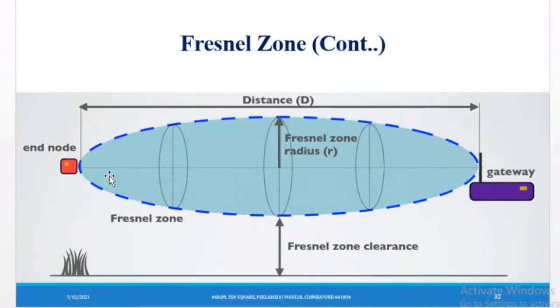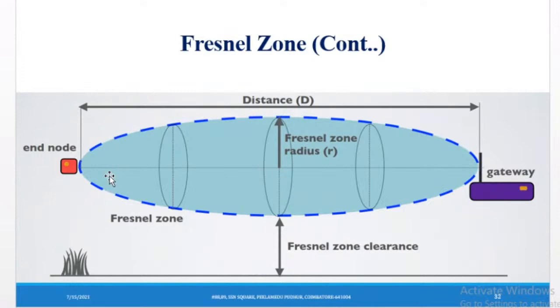I have to put them in that particular field. So how can I make this a complete operational zone without any interference or reflection? I have to make the gateway altitude high, which gives a possibility to reduce the obstacles.